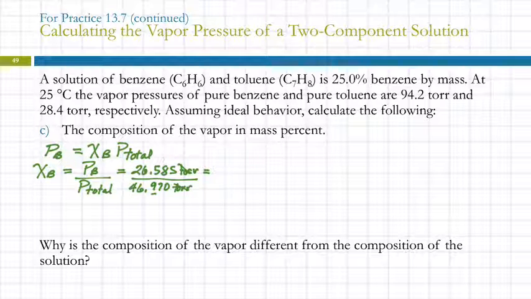No, 0.56600. That's the mole fraction of benzene. But that's not what they asked us for. They wanted the mass percent. In part A, we took a mass percent and went to a mole fraction. So we should be able to go the other way, right?